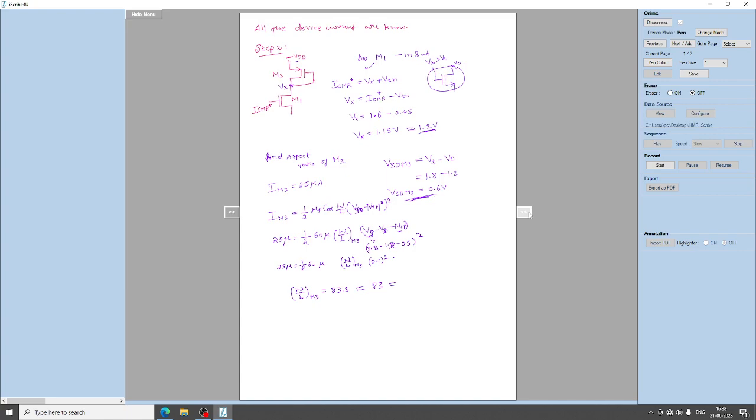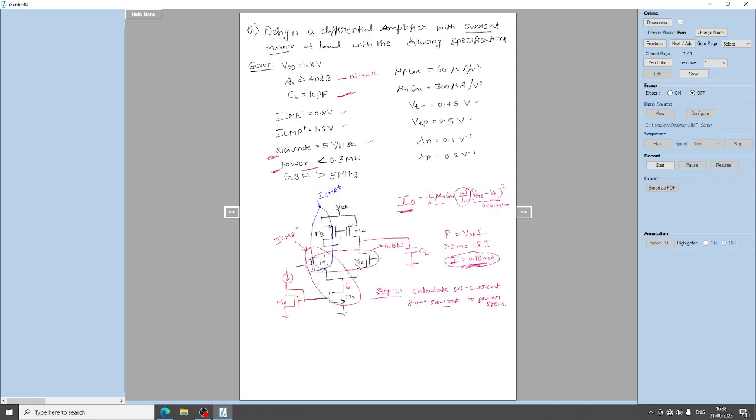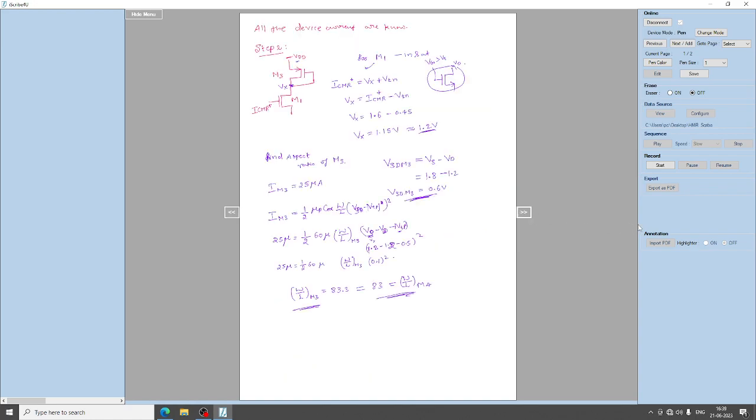The same will be the W by L of M4. So this is the aspect ratio for M3 and M4. Now, with M3 and M4 known, to find out the aspect ratio of M1 and M2 we use the gain bandwidth product.